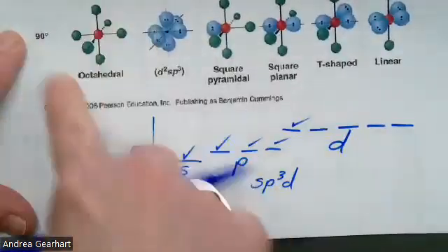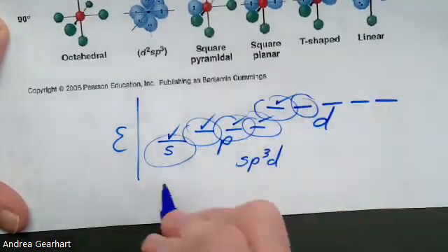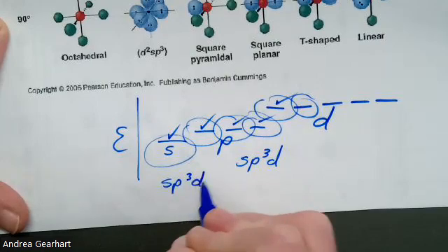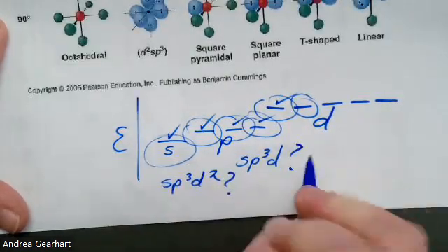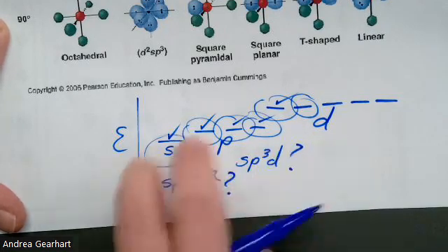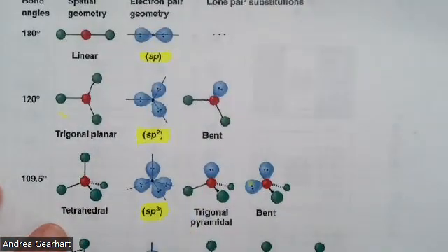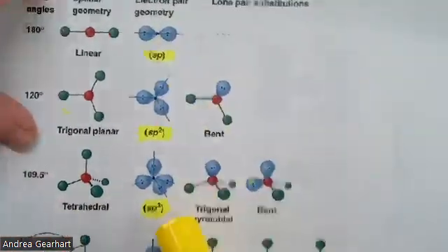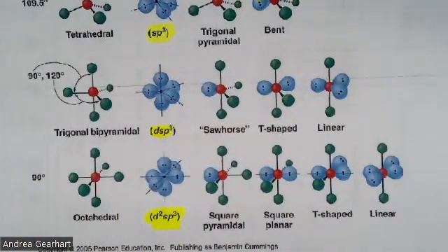And then 6 would be s, 3p's, and 2d's, sp3d2. These are in question. The experimental data does not back up these hybridizations as much as the others. So the College Board will only ask you about the others, but your textbooks will also refer to these.